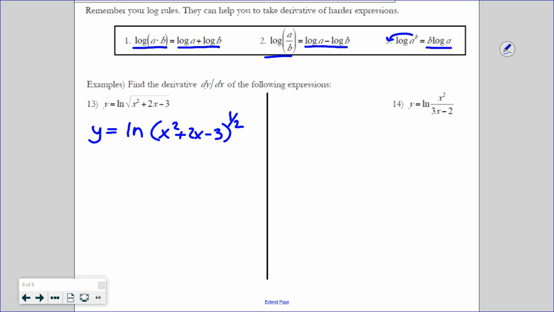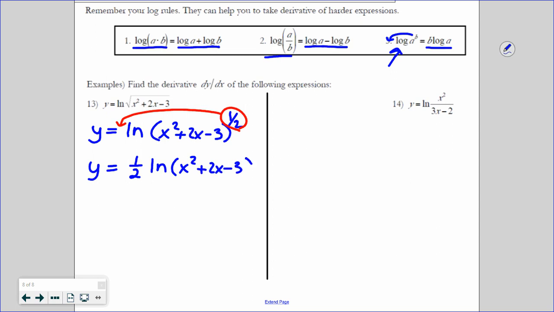And so now we can use property number 3, and we can bring that 1/2 down in front of the logarithm and rewrite this as 1/2 times the natural log of x squared plus 2x minus 3.